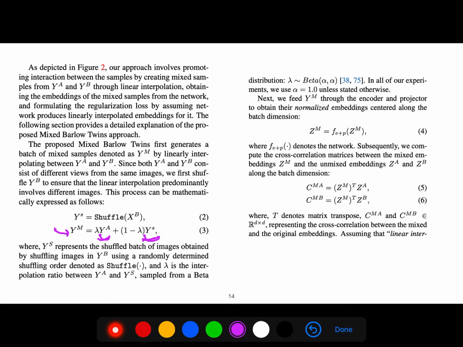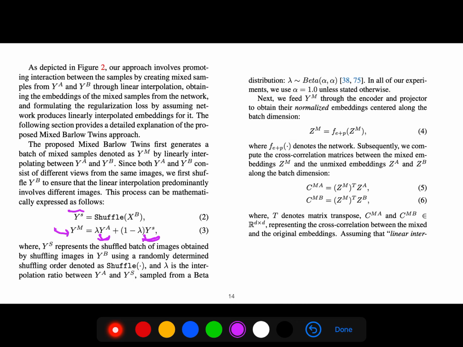Then, since both YA and YB consist of different views from the same image, we first shuffle to ensure the linear interpolation predominantly involves different images. And this process can be mathematically written like this. But here YS represents the shuffled batch of images obtained by shuffling images in YB.